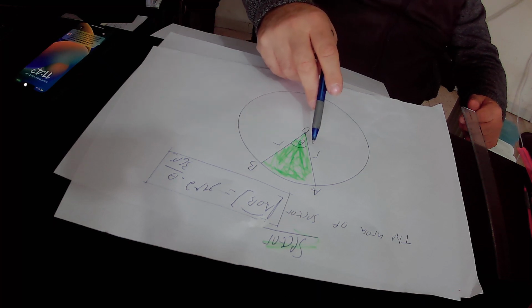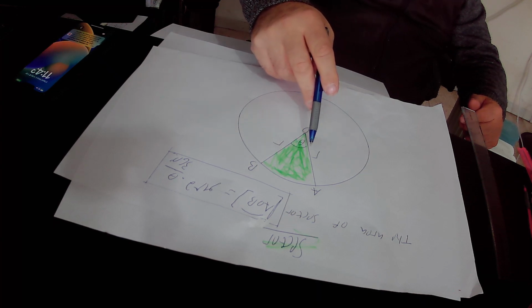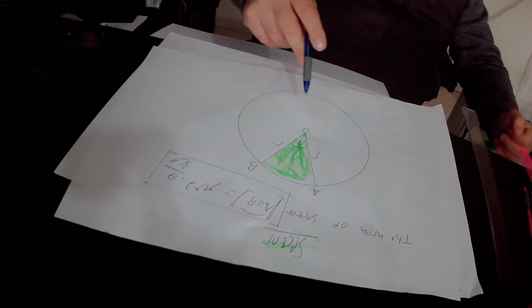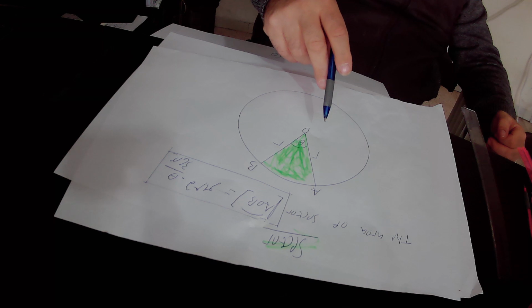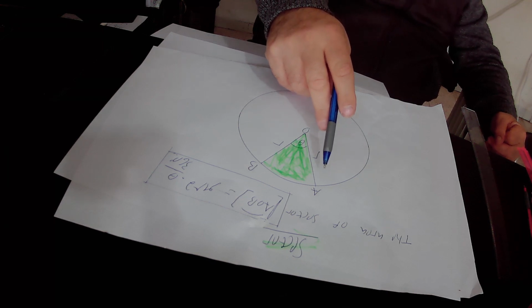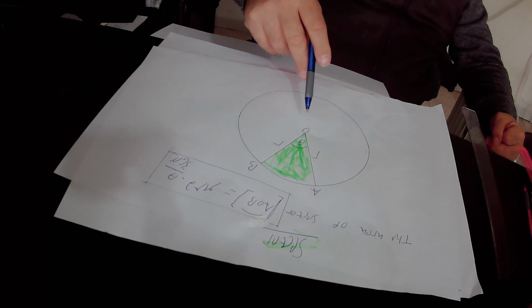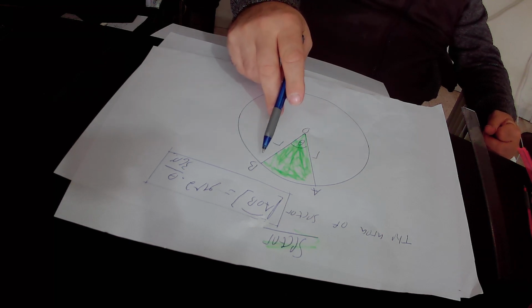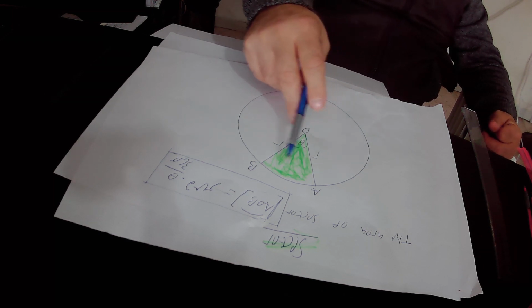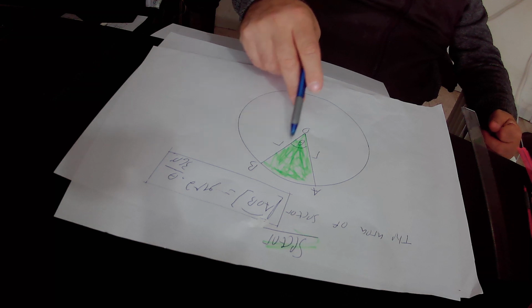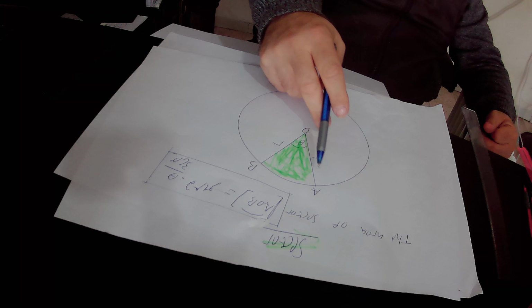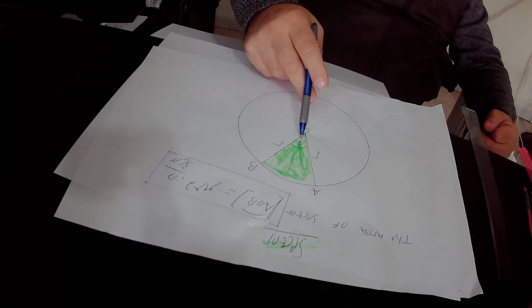Both legs are radii of this circle, equal to R, therefore they are equal to each other, of course. And so the green sector AOB consists of those two legs AO and BO, and the arc AB that is located between those two radii. And the angle between those two legs AO and BO is this angle theta.